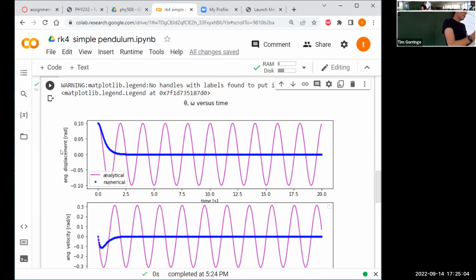The pendulum bob will just glide back to the equilibrium with some characteristic time scale. That's what we're seeing here in the angular position. In the angular velocity, we released it from rest, so it has to speed up to get back to the equilibrium, and then it will slow down and stop at the equilibrium. And that's what we're seeing there.